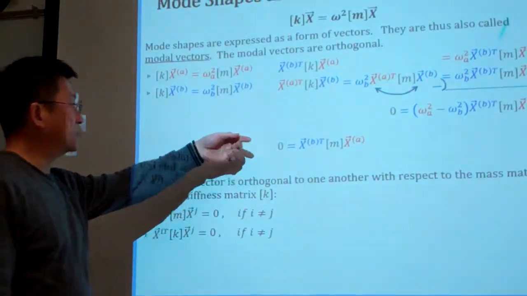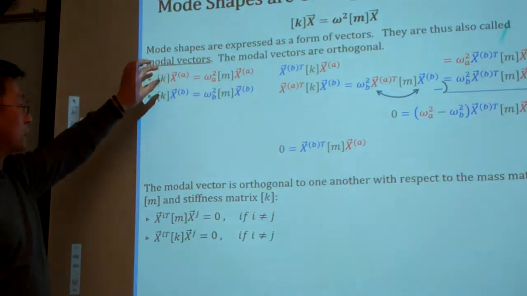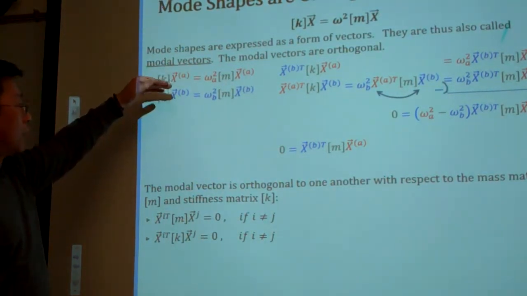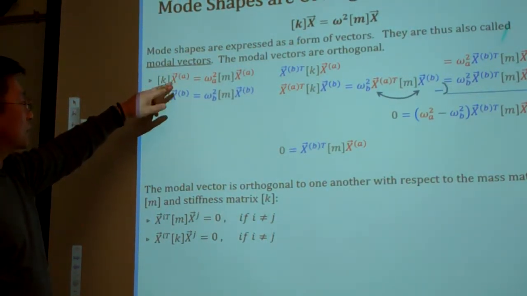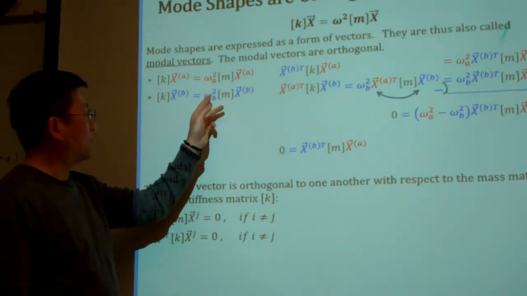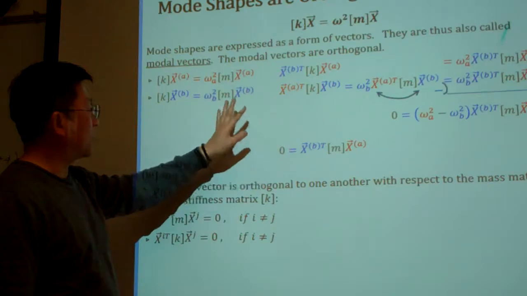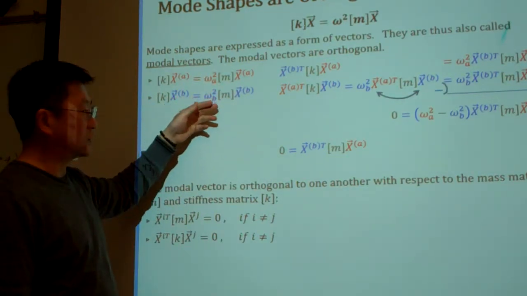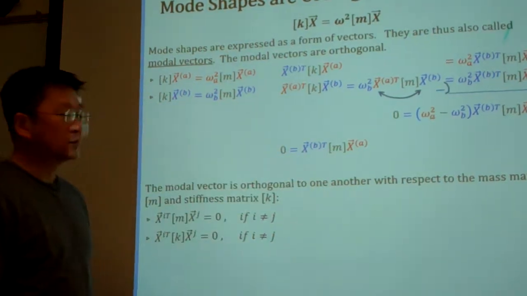Because this result is derived from a very general process for arbitrary frequencies A and B, as long as the two frequencies are not the same, this is always satisfied.